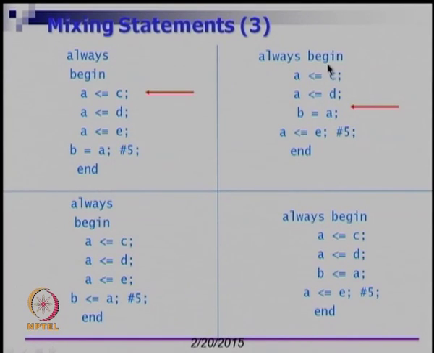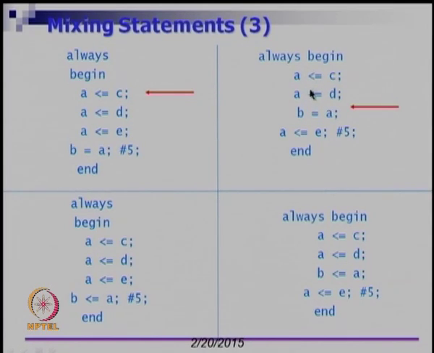Let us see what happens here. There are C and D here, right, and you are sampling A. What is the A that you will be sampling here? The A that you are sampling is whatever you entered the block with, right. So, this B equal to A does not really change anything. This B equal to A is still sampling the old value of A, because the other assignments to A are all non-blocking.